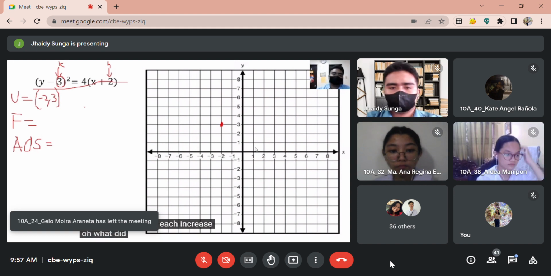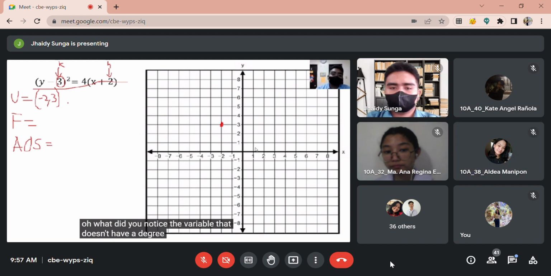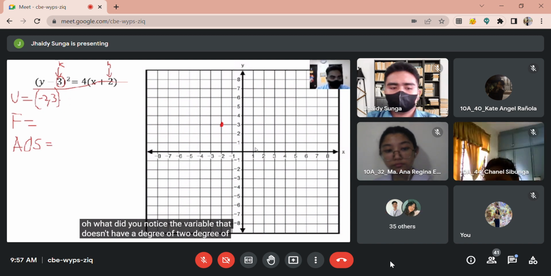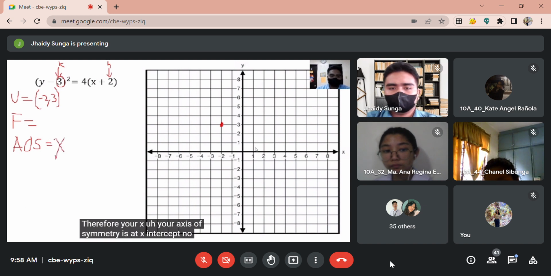What did you notice? The variable that doesn't have degree of 2 is the variable of x. Therefore, your axis of symmetry is at x-intercept.